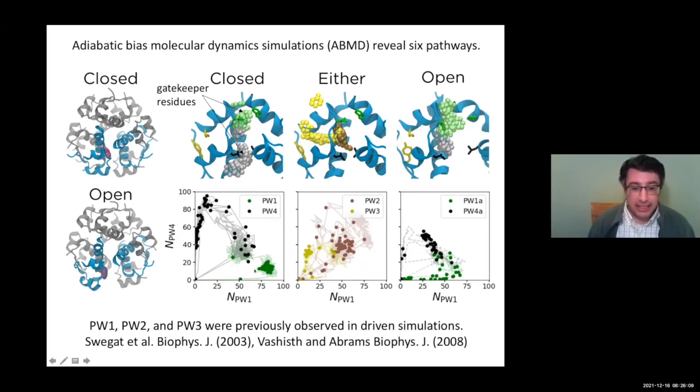In particular, Harish Vasith, who I think is attending the meeting, did some really beautiful simulations some years ago, where they saw 3 of these pathways. And we recover those, and then we see some additional ones, particularly ones associated with this opening of the escape channel. But in all of these cases, both the earlier simulations as well as the simulation that I'm showing you here, it's driven in some way, so they're biased.